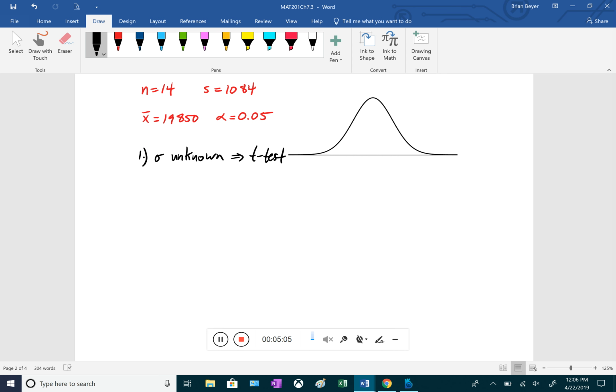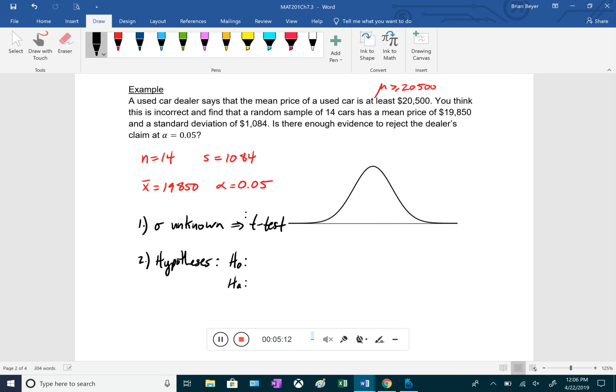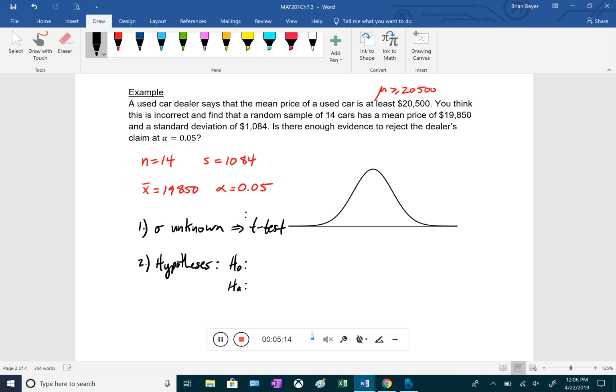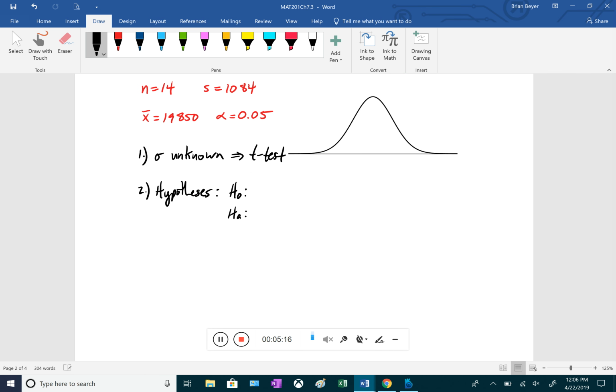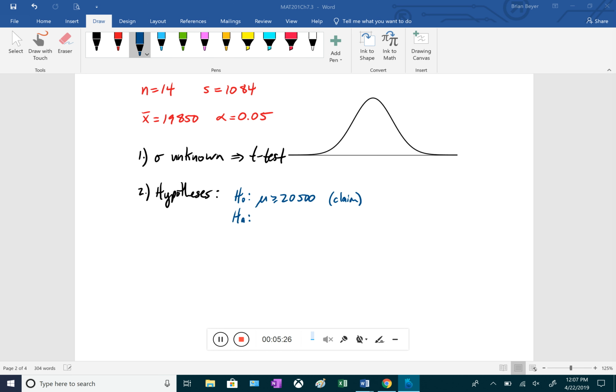And step 2, let's come up with the hypotheses. We said that the null was the claim because it was equality. So the null is mu greater than or equal to 20,500, and that is the claim. Let's switch that to blue.